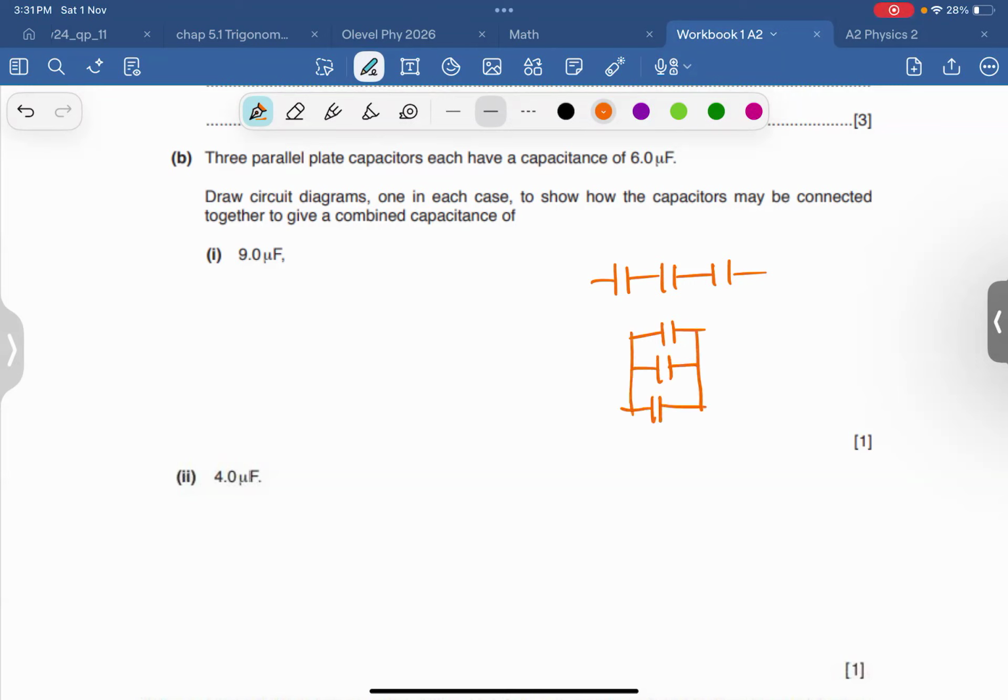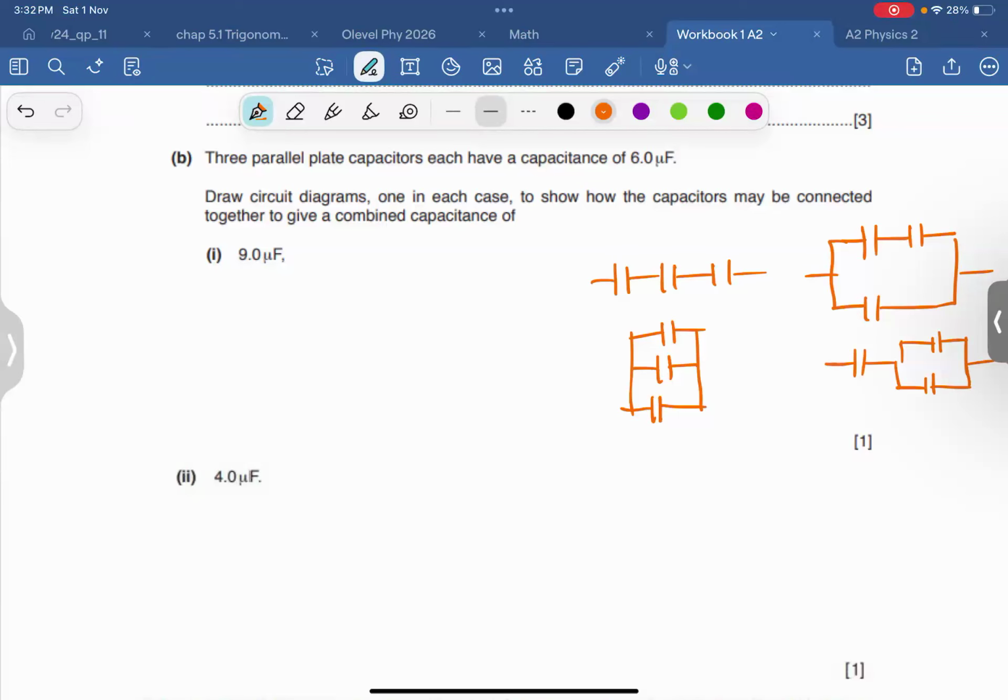The third one is connect two in series and one in parallel. And the last one is connect one in series and then two in parallel, okay? These are the four possibilities for these three capacitors to be combined.